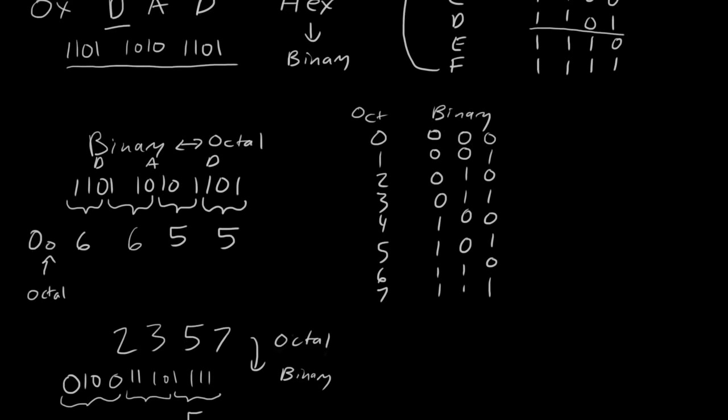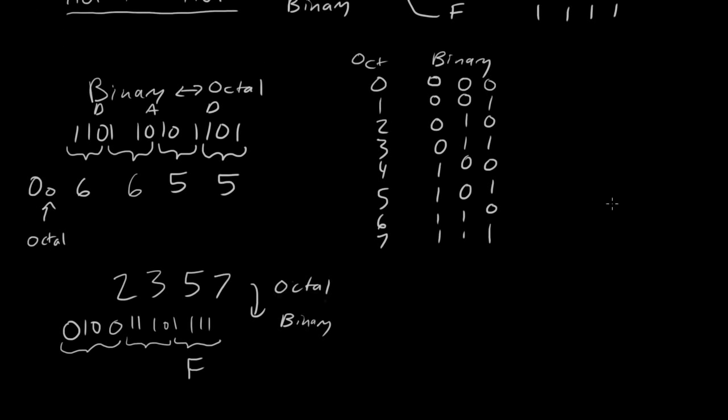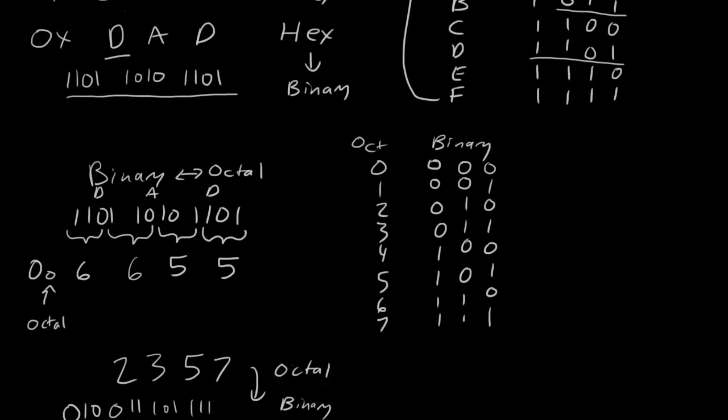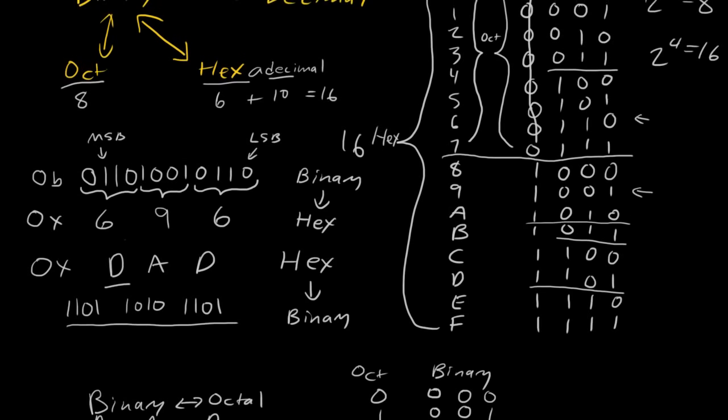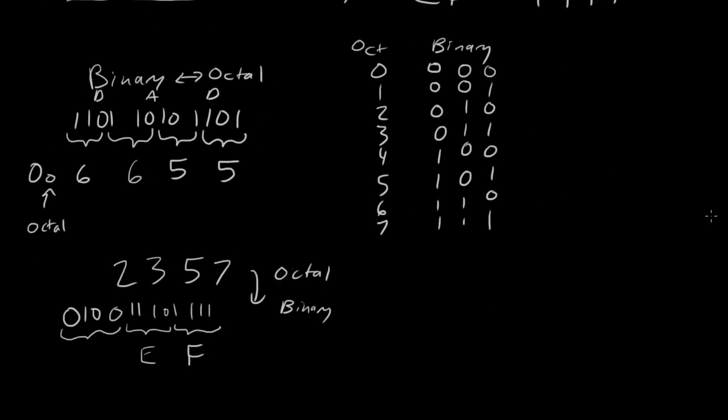And 1110 is going to be E. And then over here we have 0100, that's just 4. So it's 4EF in hex.